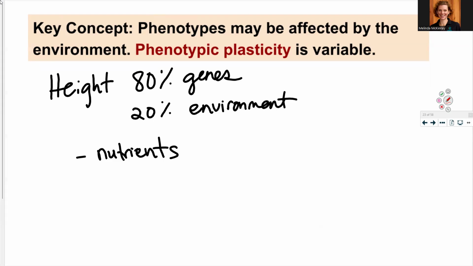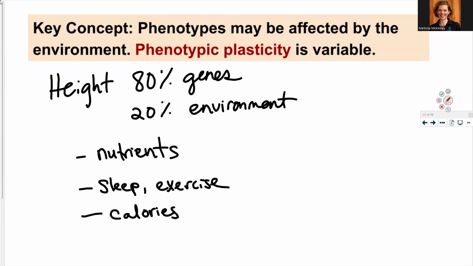So nutrient availability, other things like sleep and exercise, those can all contribute. And also the number of calories you're getting. So in addition to the proper nutrient content, are you just getting enough energy?